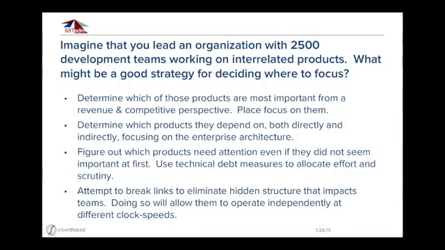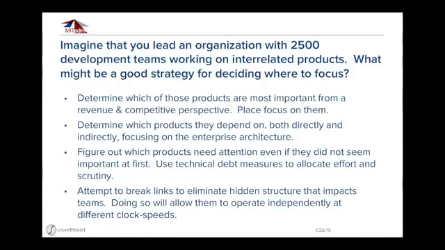You can figure out which products need attention even if they didn't seem important at first, and you can use technical debt measures. Again, we're showing you design structure matrices and network graphs, but we're computing out of those graphs metrics associated with complexity, both architectural and within component, and using that to trace back where there might be issues in that network.